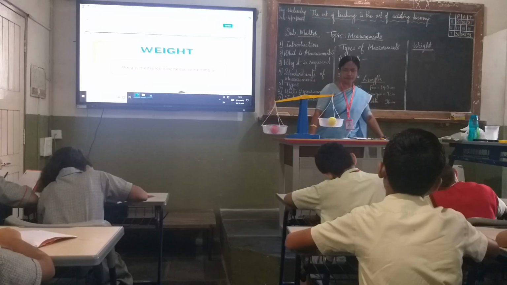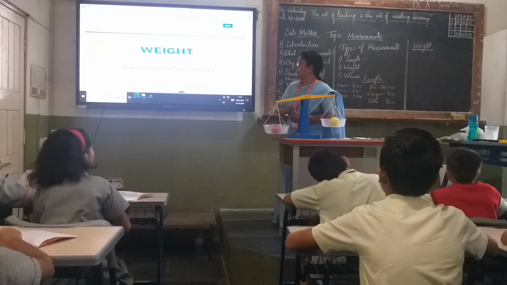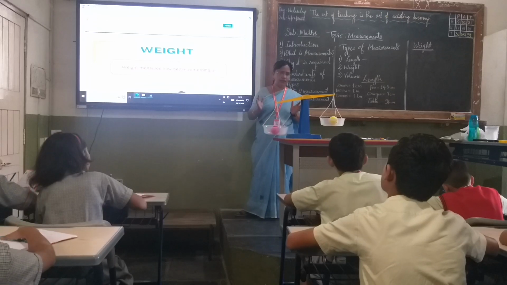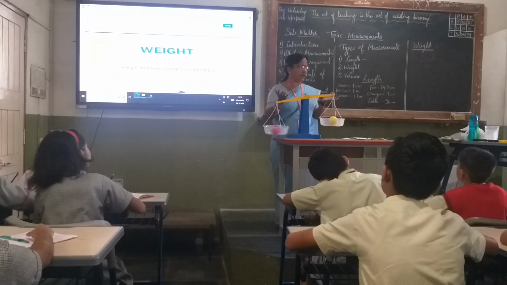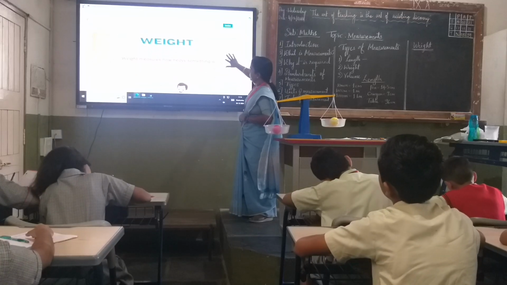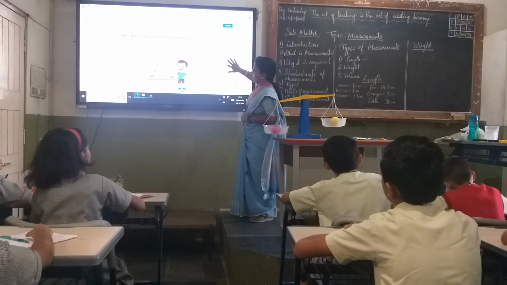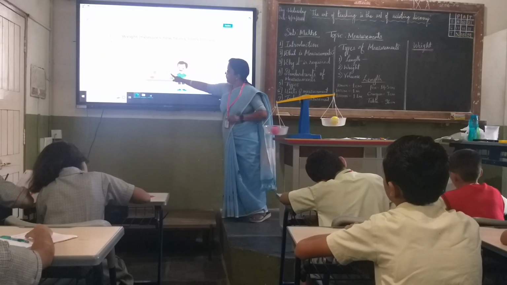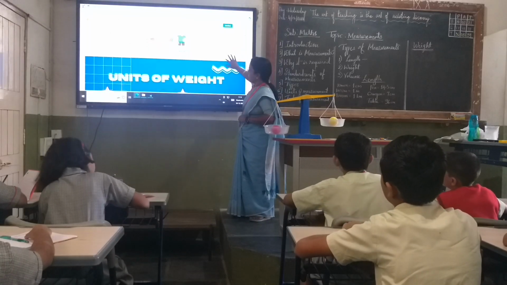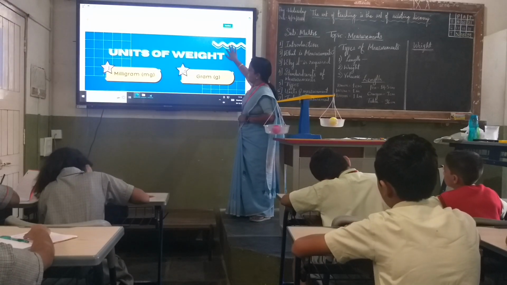Now weight. What is weight? Weight measures how heavy something is, or how heavy or light an object is. See this. We are using this weighing machine to weigh objects. Now units of weight.